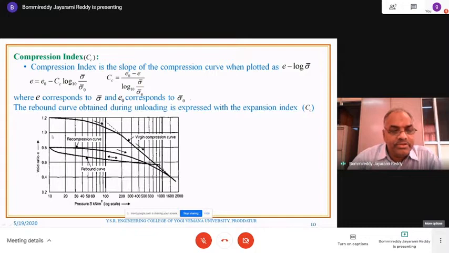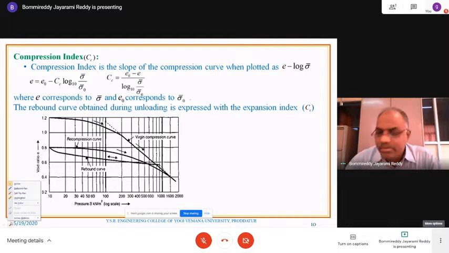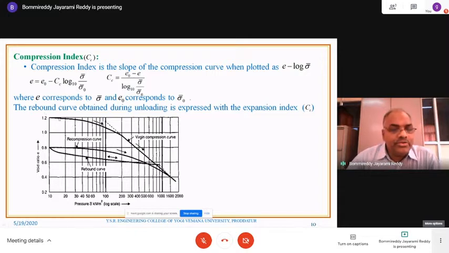So the void ratio is decreasing continuously from a maximum level of 1.2, and initially it follows the curve, and afterwards it is a straight line.